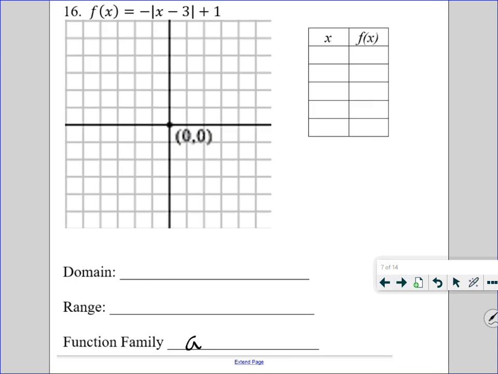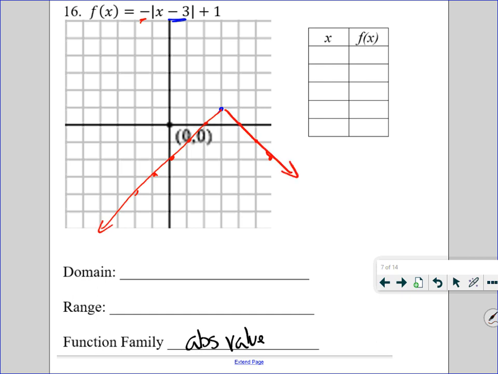For this one, we already know it's absolute value. But we have a couple things going on. We have something being done to it inside the function. So minus 3 will shift it from the origin to the right 3, because stuff inside goes backwards, and the plus 1 will shift it up 1. Lastly, the negative out front will, instead of the V opening up, make the V open down.